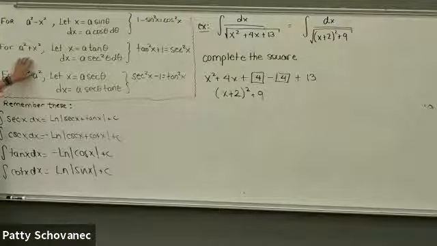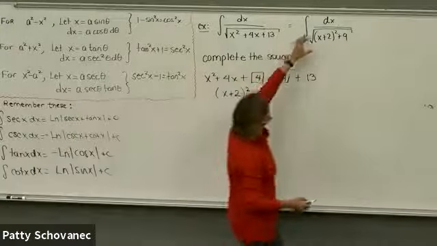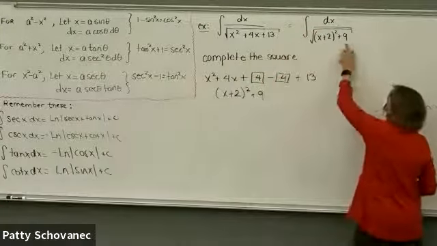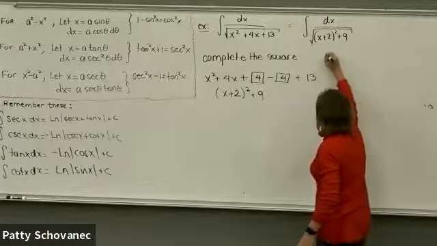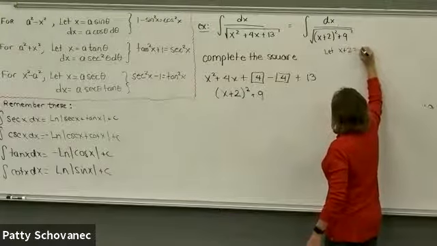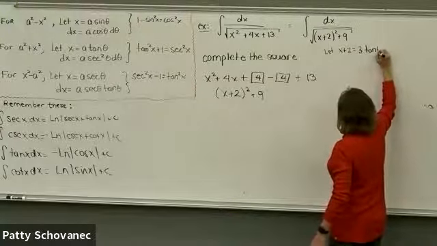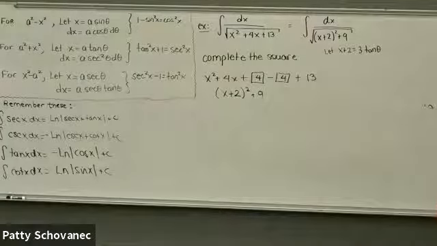It looks most like this. It's got the plus sign. Let's take the x plus 2 and let it equal 3 times the tangent of theta. Take this in the parentheses, x plus 2, and say that that's equal to 3 tangent theta. Take the derivative of both sides.